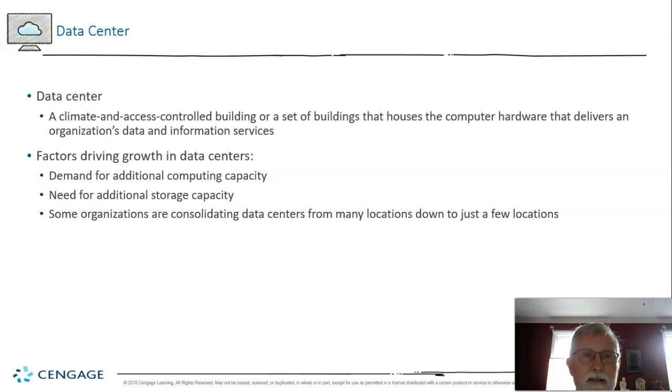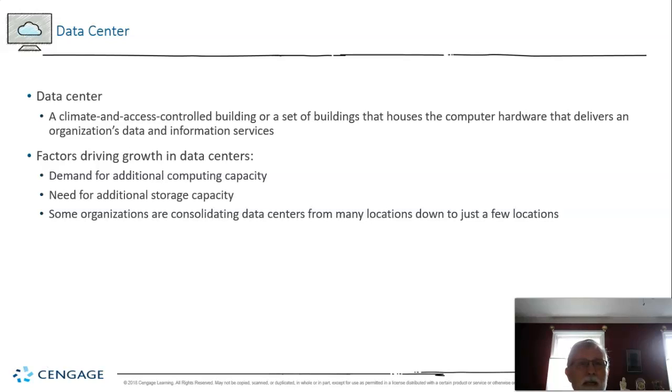Now, a data center is basically, if you go up 321 to Google, or you go north on 321, or you can go south to Apple. They've both got climate-controlled sets of buildings that have computer hardware that delivers data for all of us. Now, factors that are driving this is what?